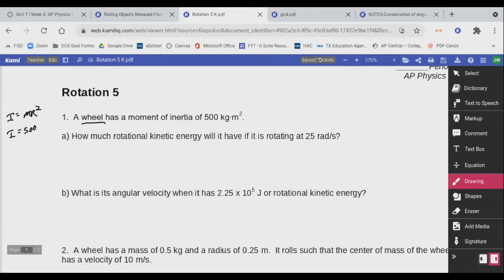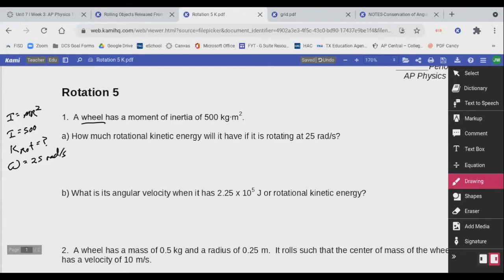Okay. How much rotational kinetic energy? So it's asking for K rot. Will it have if it's rotating at 25 radians per second? Radians per second is my angular speed or velocity, angular velocity, either one. It doesn't matter here. So I've got omega is 25 radians per second. All right.